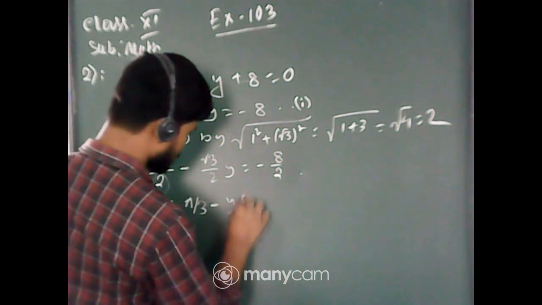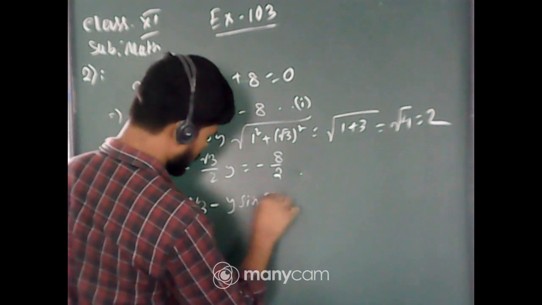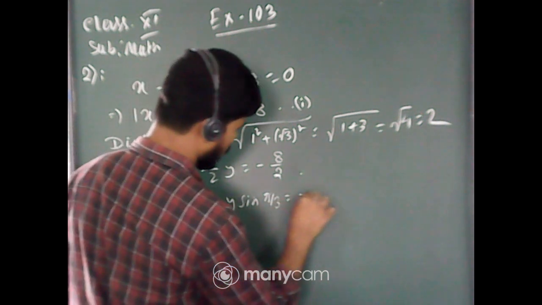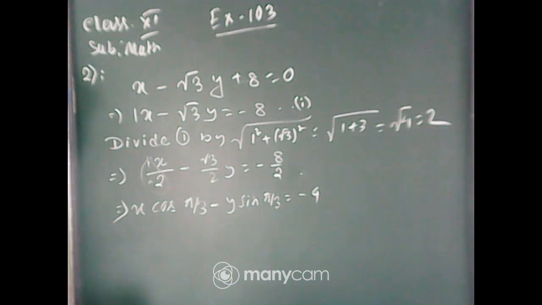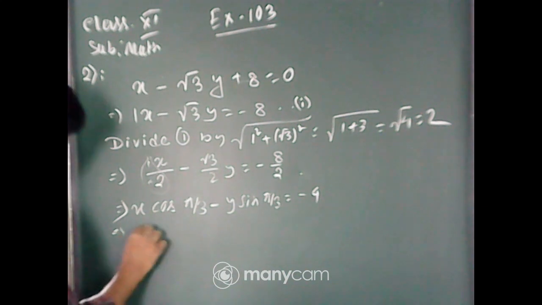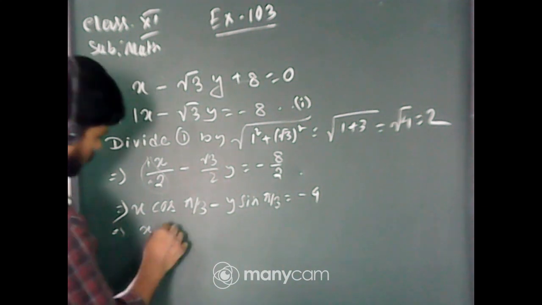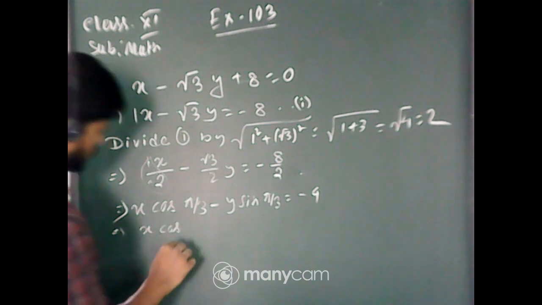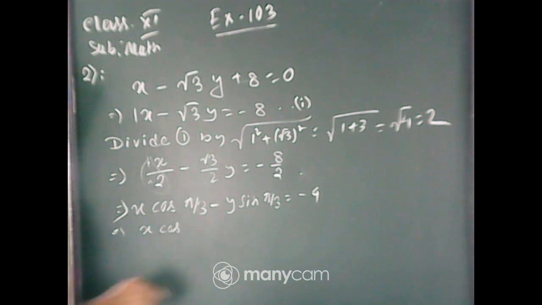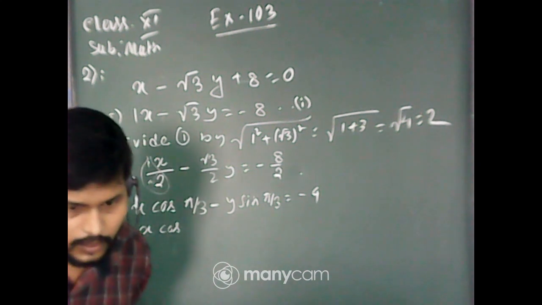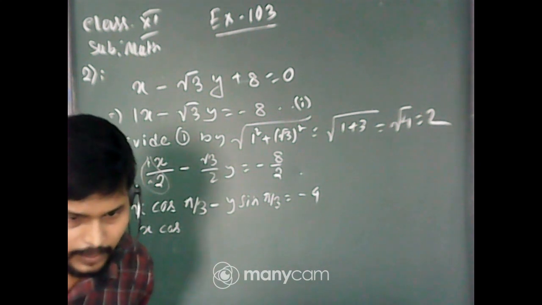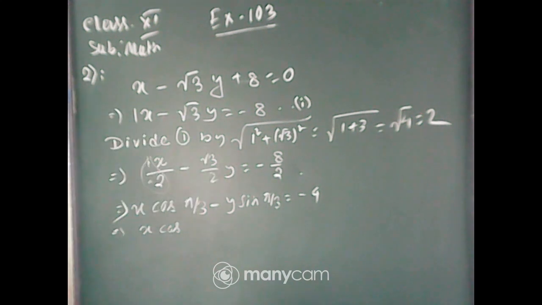So y sine pi by 3, that is equal to minus 4. Okay. Now that means x cos pi by 3, that can be cos 60 and cos 120 is minus half.